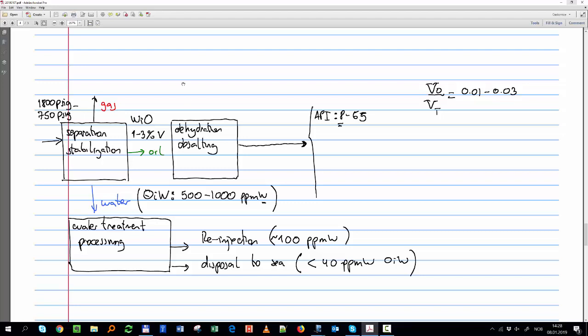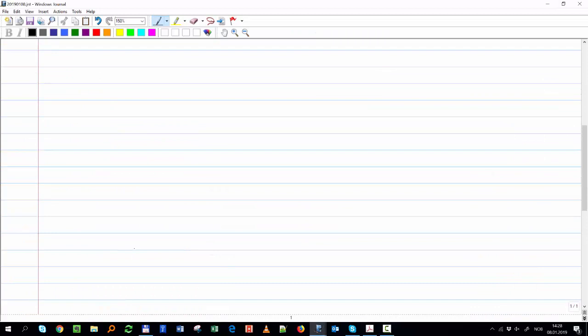So after that process, what I send either to a pipe or to a truck, let's start to write that. For that, I have to repeat a bit the figure. So let's see, here we have oil, gas, and water. And here we have the oil, here we have the gas, here we have the water.